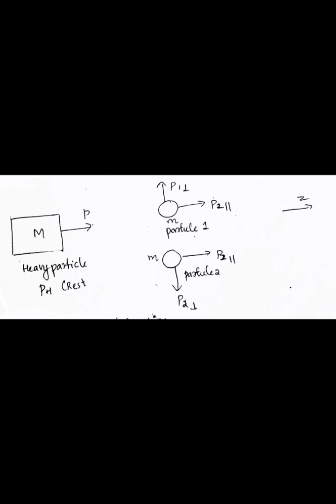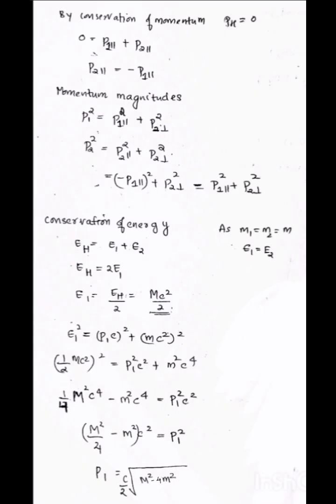P1 parallel and P1 perpendicular are the components of the momentum of particle 1, and P2 parallel and P2 perpendicular are the momentum components of particle 2. And here we know that the momentum of the heavy particle is 0 because it is at rest. So by the conservation of momentum, we can write 0 is equal to P1 parallel plus P2 parallel. That is, P2 parallel is equal to minus P1 parallel.